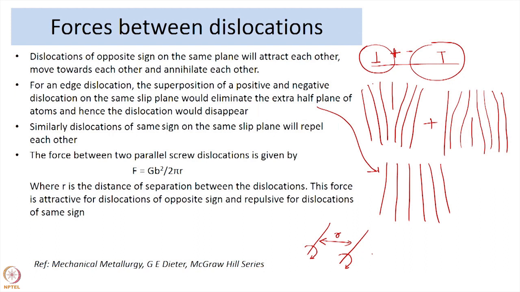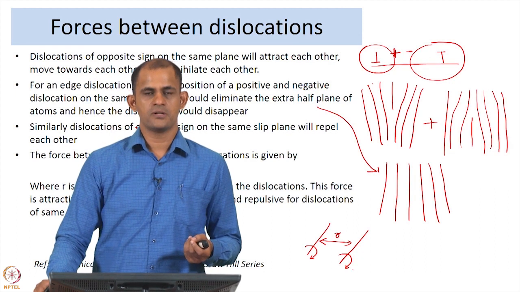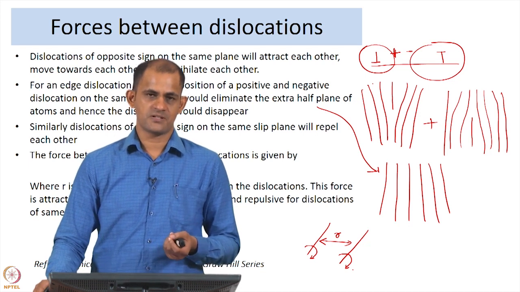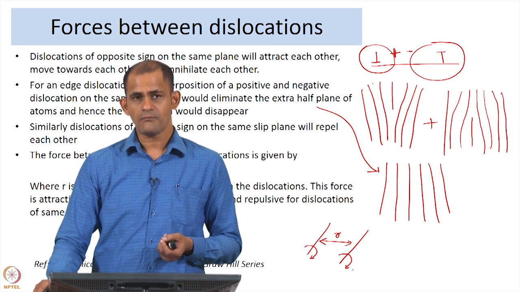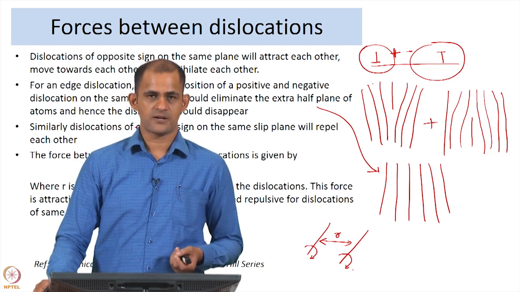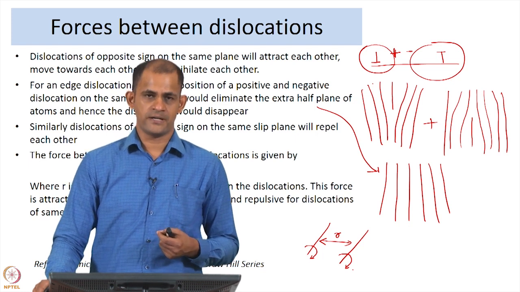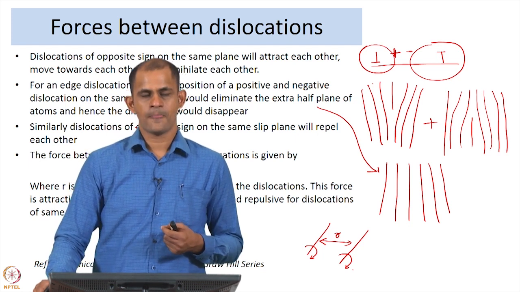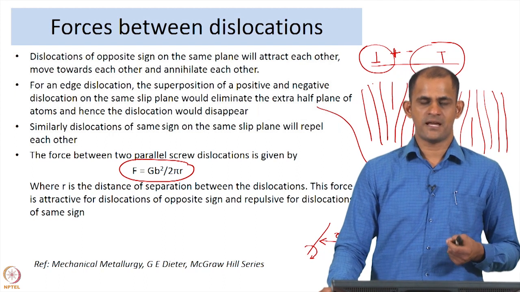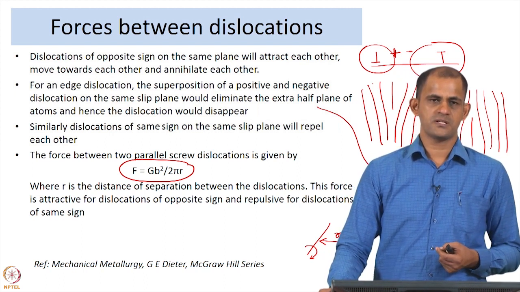So, now this was basically introducing you to some of the characteristics. We spoke about the force acting on a dislocation, how it depends on the shear stress as well as the Burgers vector of the dislocation, and we also talked about the stress field present around a dislocation and how the stress field leads to interaction forces between dislocations. We also talked about the energy of a dislocation and its dependence on the shear modulus.